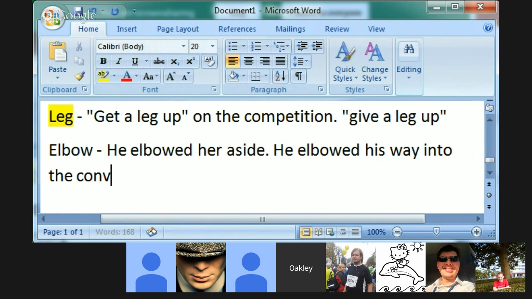I can use it more, obviously more metaphorical, more idiomatic. But the same kind of idea. He forced his way into the conversation. That's also possible.